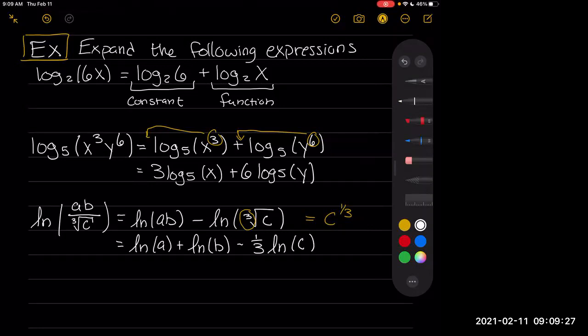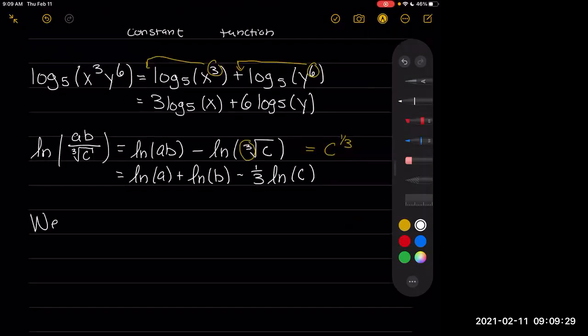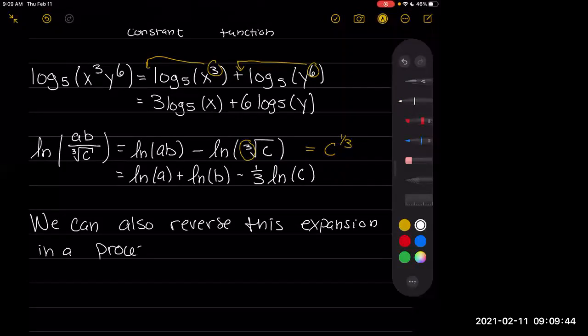And we can also reverse this process, in a process called combining.